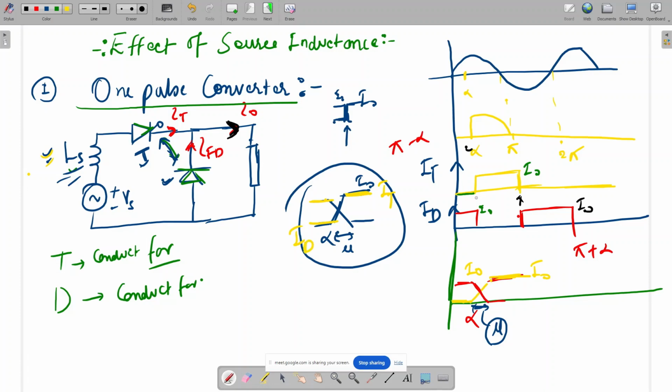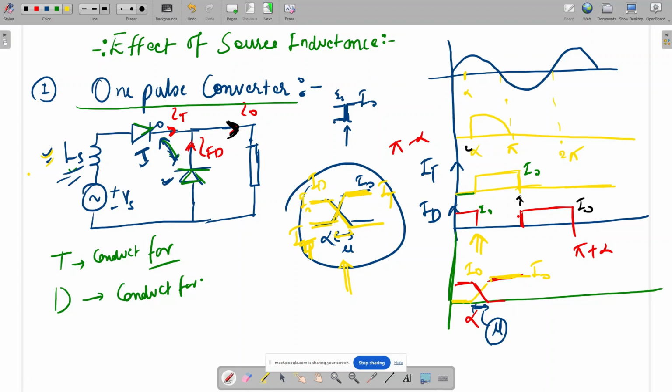At this instant, the diode current goes from I naught to 0 and the thyristor current goes from 0 to I naught, but that will not happen instantaneously. It will happen after some mu angle. It will create a slope and take some time to reach I naught, because of the inductor. Is it clear?